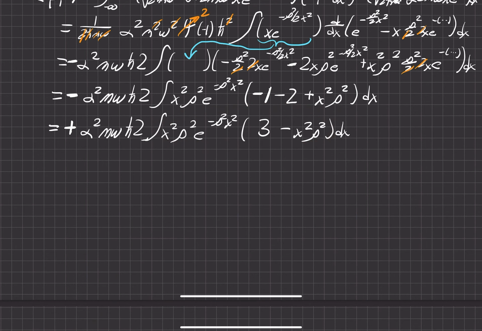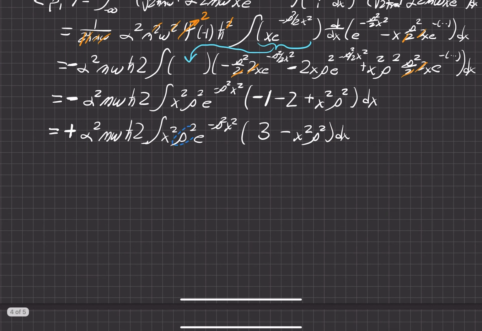Actually, this is a constant, so let's throw that out here. There we go, nice and tidy. Now, that's our integral that we're going to be working with. And like I said, it's always good to do these in a calculator or table.